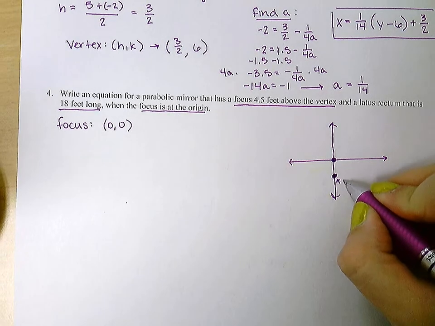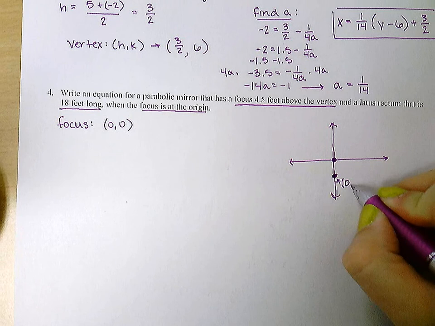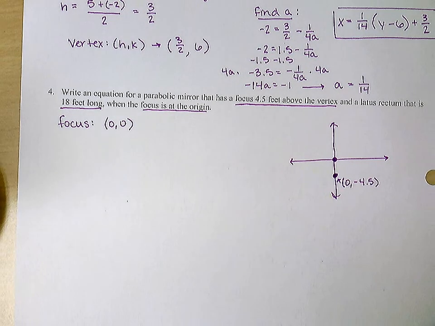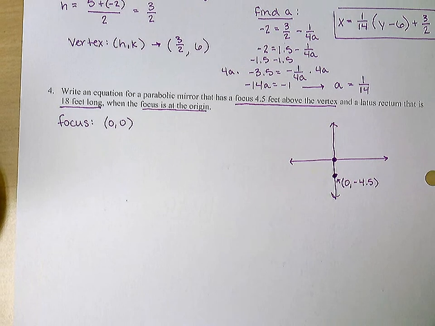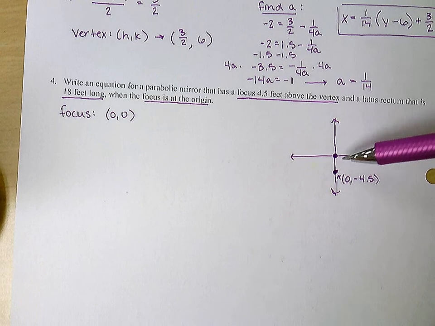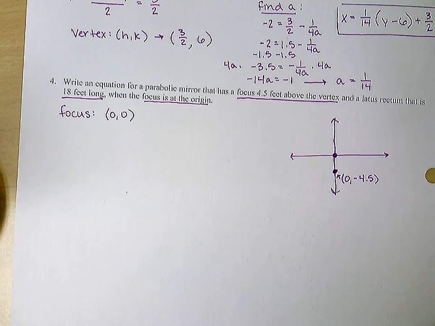So that point will be at 0, negative 4.5, since the focus is above it by 4.5 feet.